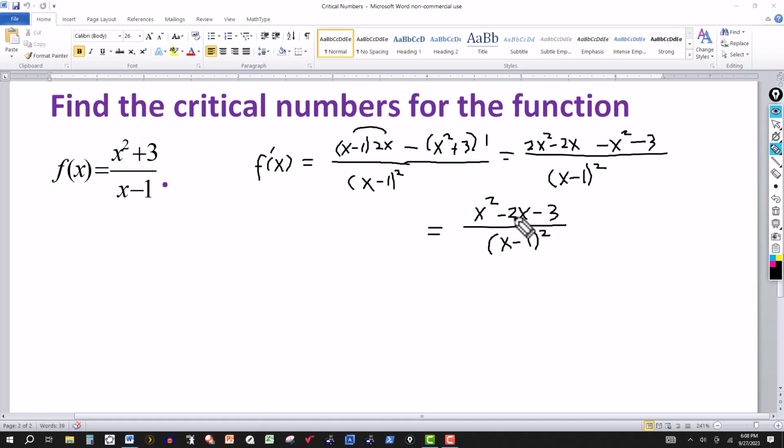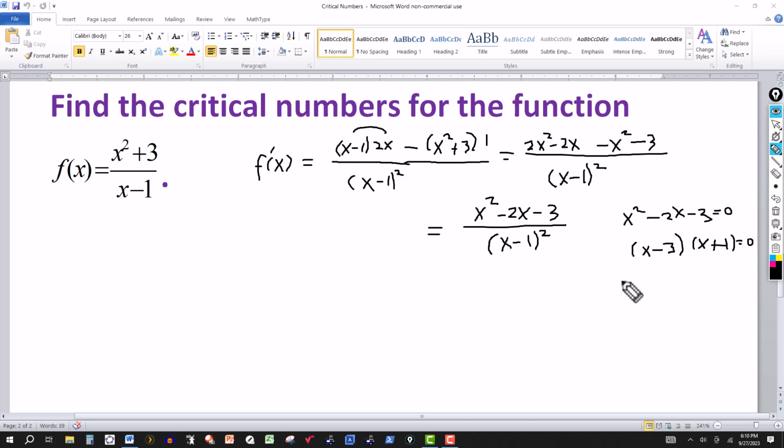So we simply have to set this numerator equal to 0. We take x squared minus 2x minus 3 and set it equal to 0. So then we solve this equation by factoring. We get x minus 3 and x plus 1 is equal to 0.